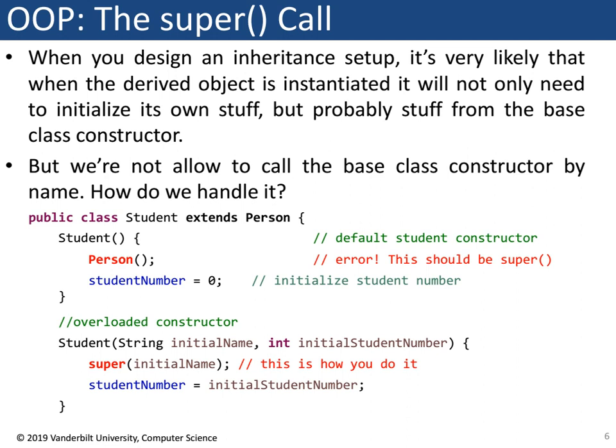So here in this constructor for the type student, we allow them to pass in an initial name as a parameter and an initial student number as a parameter. Then we set the name by using the person constructor and passing initial name to that constructor as a parameter. And we do that using the super keyword. Then we set the student number, which is a part of the student class, to the initial student number.